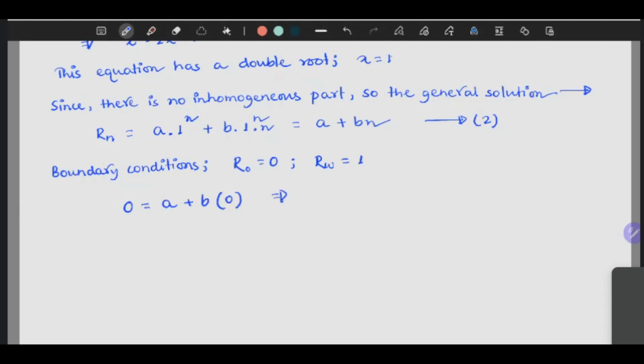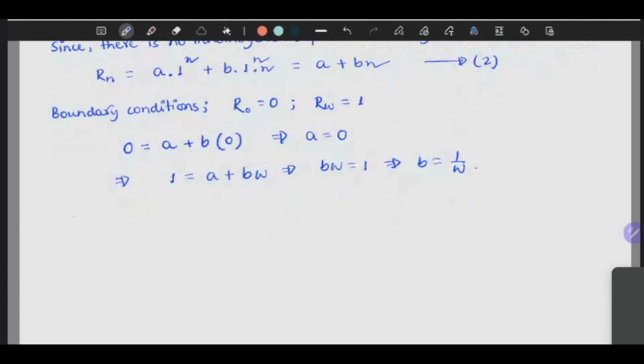So from here you get A is equal to 0, right? Similarly, R_W is equal to 1, so 1 is equal to A plus BW, and A equal to 0. So from here you get BW is equal to 1, that gives you B is equal to 1 by W. So A is equal to 0 and B is equal to 1 by W.